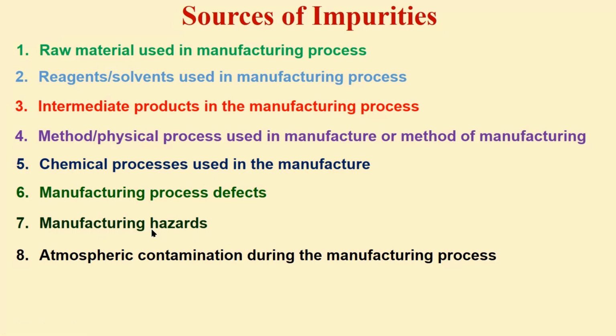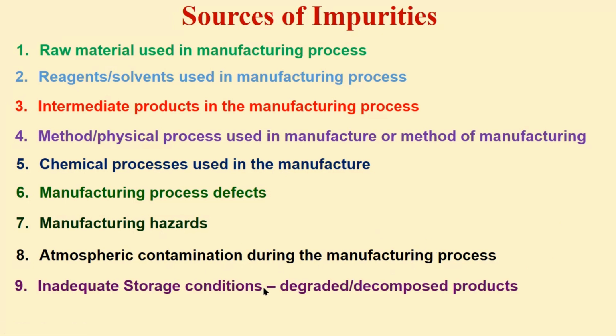Another main source of impurity is atmospheric contamination during the manufacturing process. And after the preparation of the active pharmaceutical ingredient, if the storage conditions are not proper or are inadequate, this may degrade or decompose the product, and that remains along with the product and can be a source of impurity.